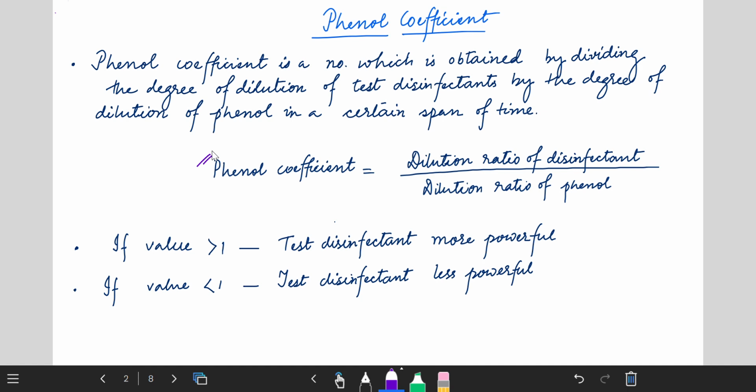Now, why is phenol chosen as the standard? Because phenol is recognized as one of the oldest antiseptic agents, which has excellent antifungal and antibacterial properties.